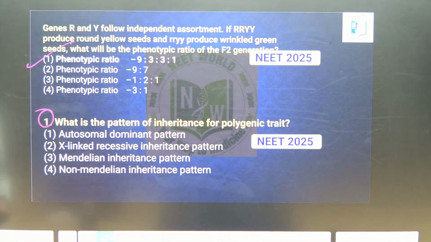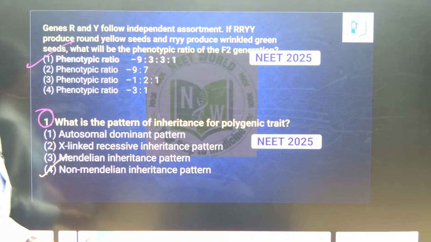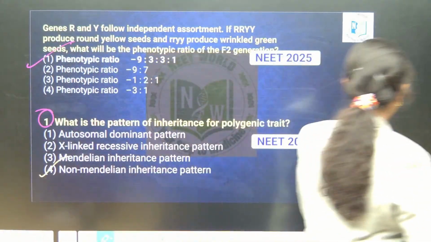What is the pattern of polygenic inheritance? Non-Mendelian inheritance pattern, because that is an exception to Mendelian law of inheritance, right? Which is option 4. Good. Next question.